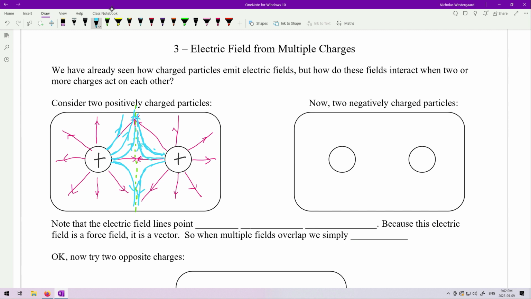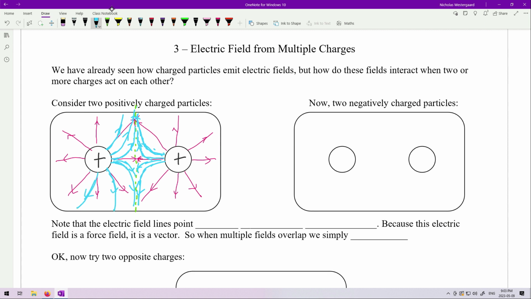Now you can see it's getting a little sloppy. It's getting a little big in there, but hopefully you get the idea that in the middle between two positively charged particles, you'll have an asymptote where their field lines are going to be pushed outward. And everything that's happening gets a little pushed outward.